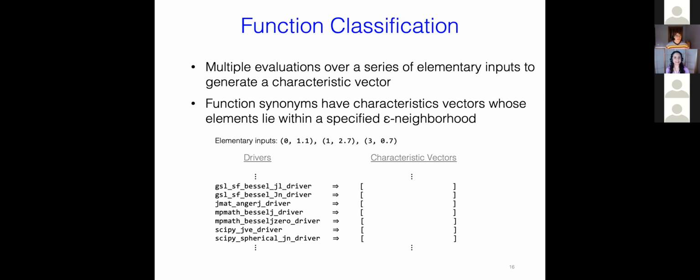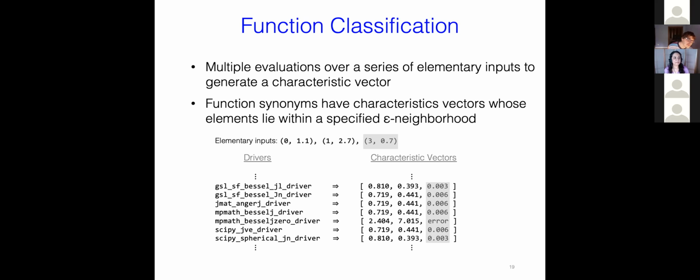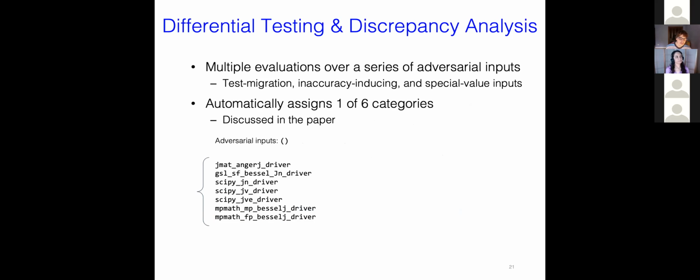For example, here on the slide, I have an example of 3 elementary inputs, and we get the results from testing all of these functions on each of them. Based on the results in these characteristic vectors, we find 2 equivalence classes. One is highlighted in blue and the other one in yellow. This is how we find these equivalence classes based on testing.